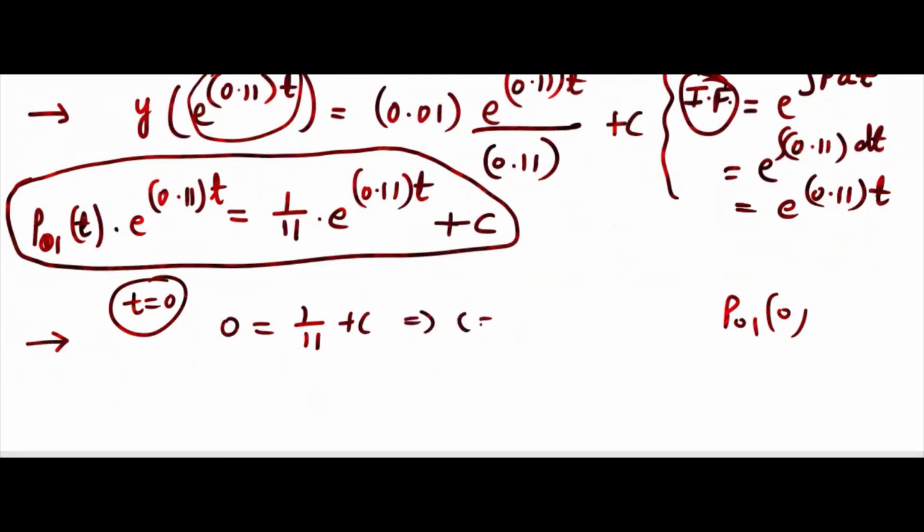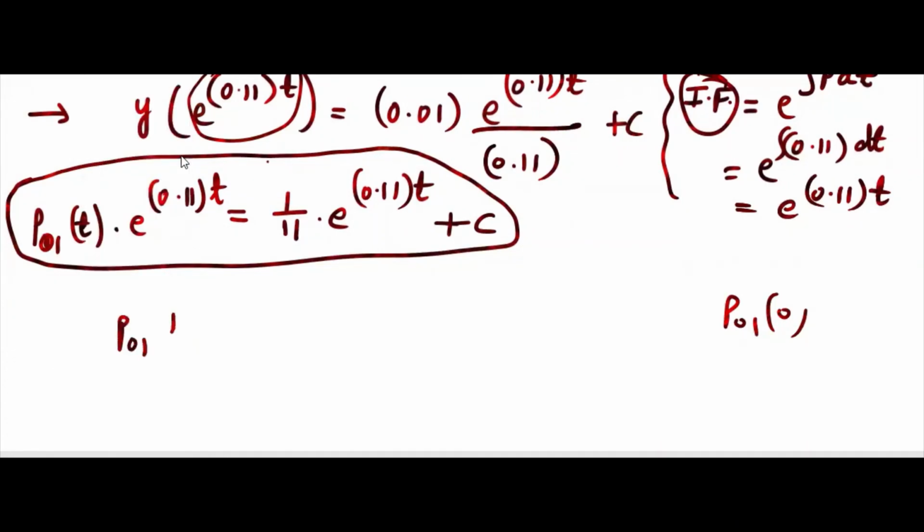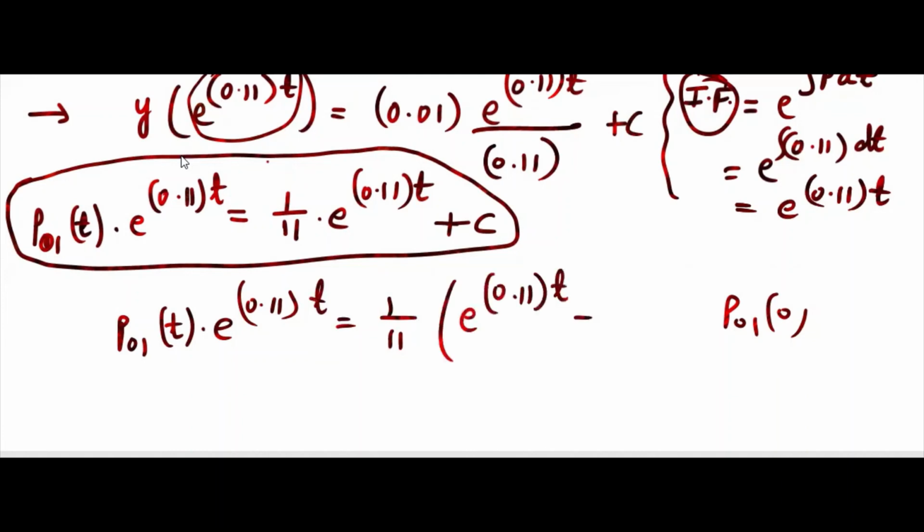So that means c is minus 1 upon 11. Put c here, then take common, c is minus 1 upon 11, minus 1 if I am not wrong. Then you have to take this one as well.